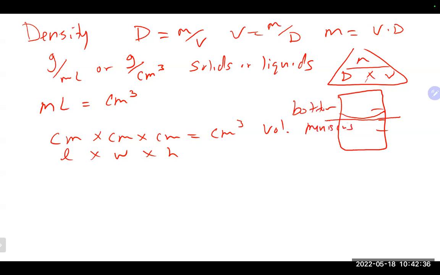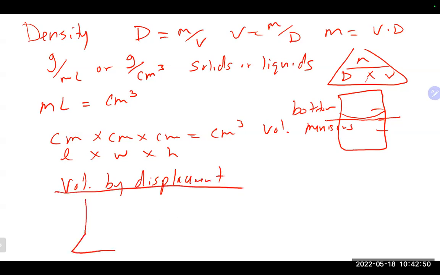And really, the third way we talked about the volume here, especially with density, is volume by displacement. Volume by displacement is when we take a liquid like water and take any type of solid object and dump it in there. What is going to happen is the volume of that liquid will rise with the object in there.